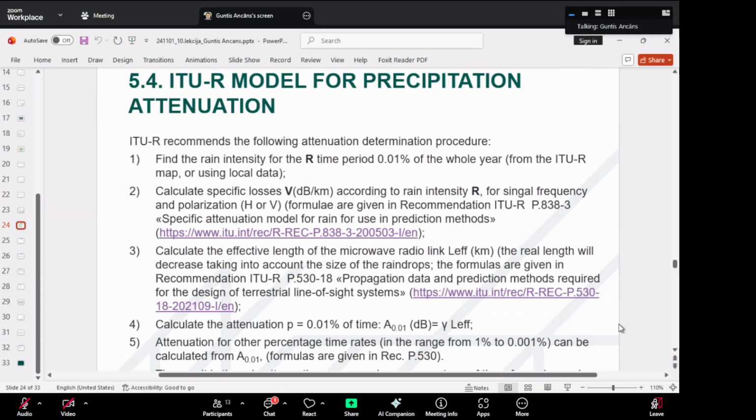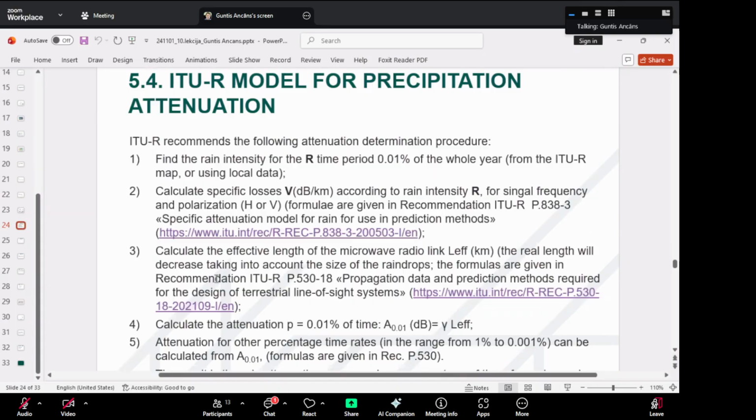ITU recommends the attenuation determination procedure, given in this slide.